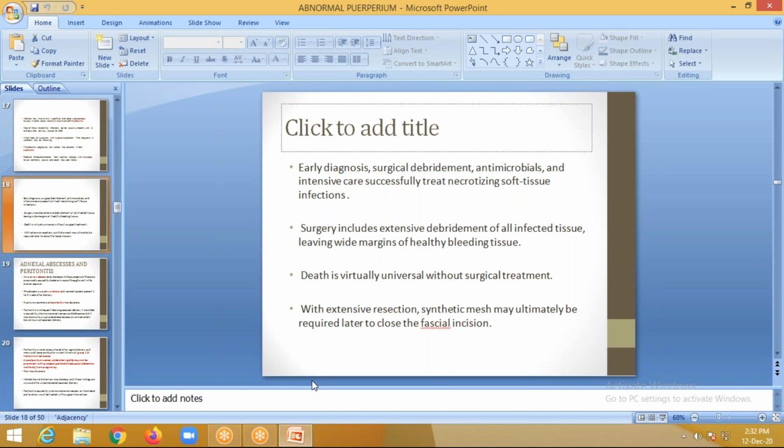Death is virtually universal without surgical treatment. If you don't treat surgically, death is for sure. With extensive resection, synthetic mesh may ultimately be required later to close the fascial incision. As I already told, if the necrosis is extensive, then we have to remove all the devitalized tissue, and we may need synthetic mesh to close the defect.